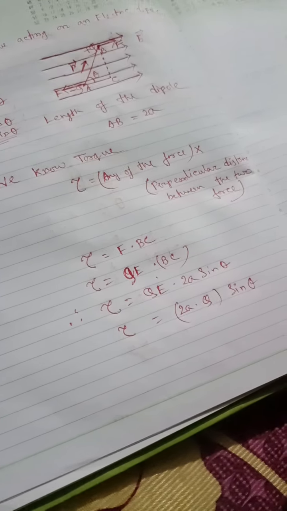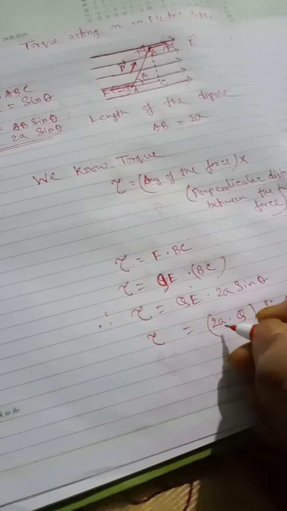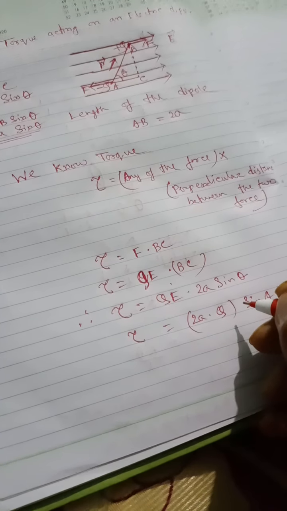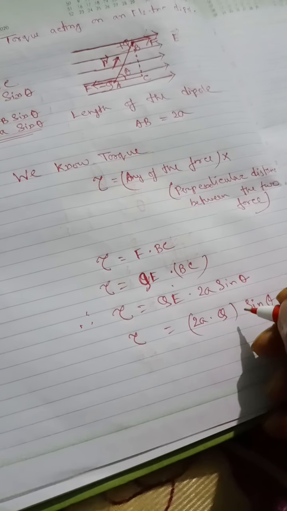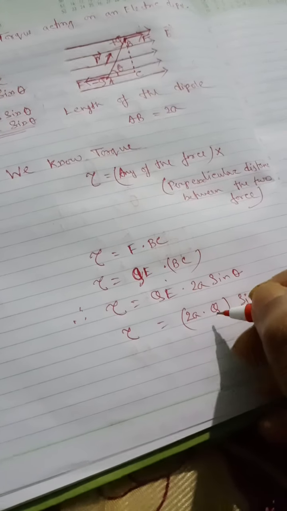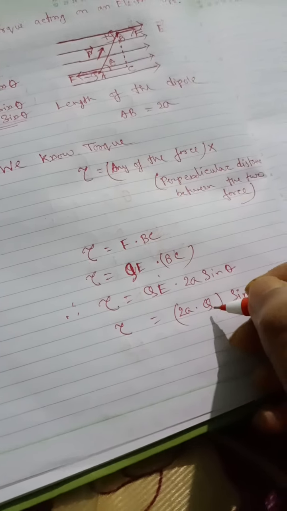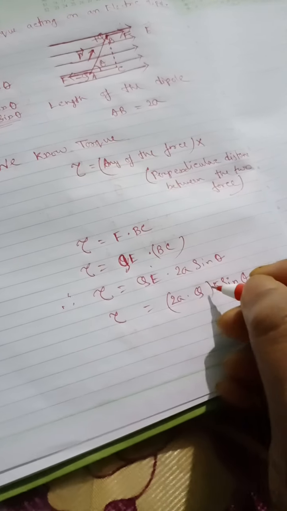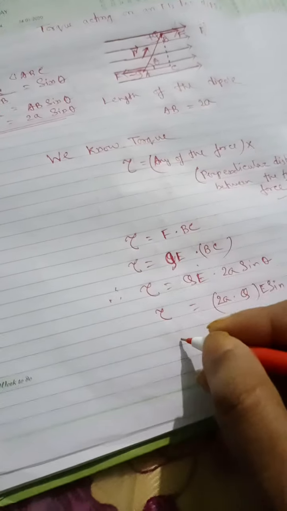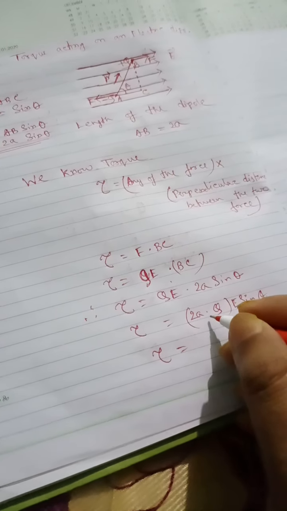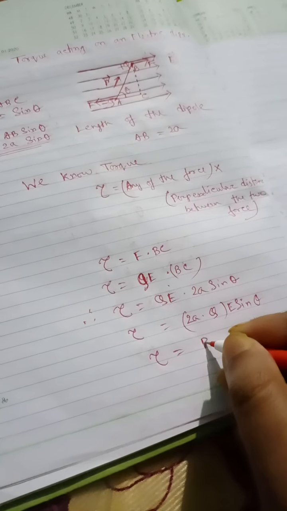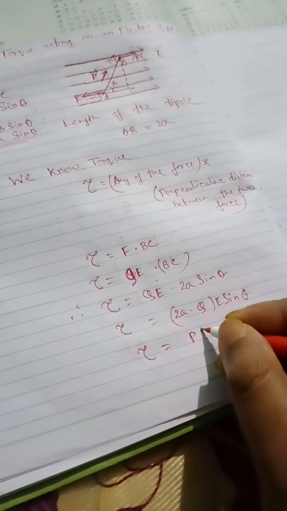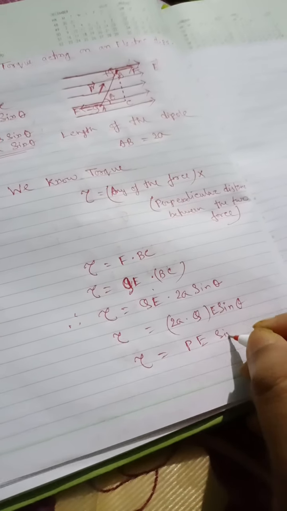So what is the meaning of 2a into Q? In the previous class we discussed that the length of the dipole into any one of the charges is known as the dipole moment. And E is this E. So from here you can write tau is equal to 2aQ, meaning the dipole moment P, into E sin theta.